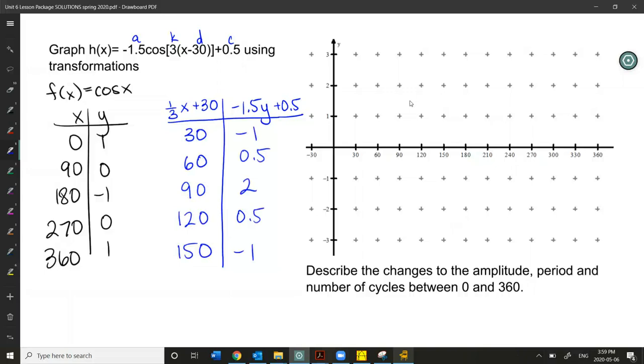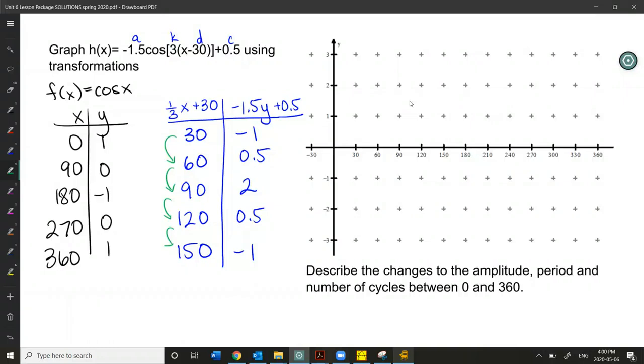So this is what you should have got for your calculations. You may also notice that because our original x's are all 90 units apart, or 90 degrees apart, your transformations should all, as far as x's, be the same number of units apart. So as soon as you start to see the pattern here, 30, 60, 90, I'm noticing that we're adding 30 to get to the next one.